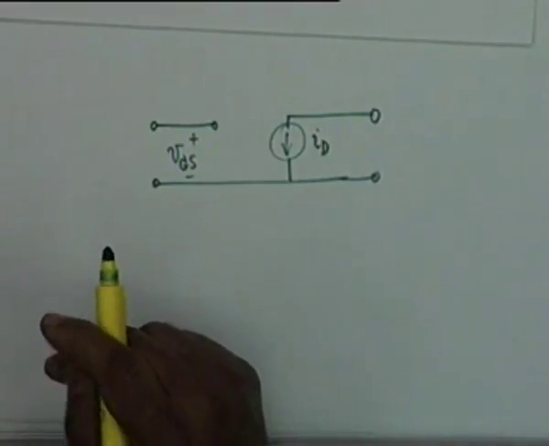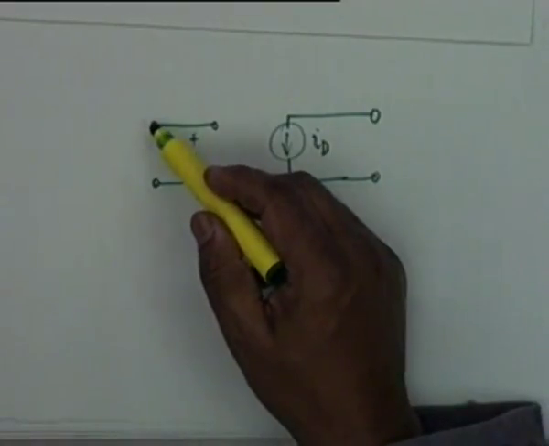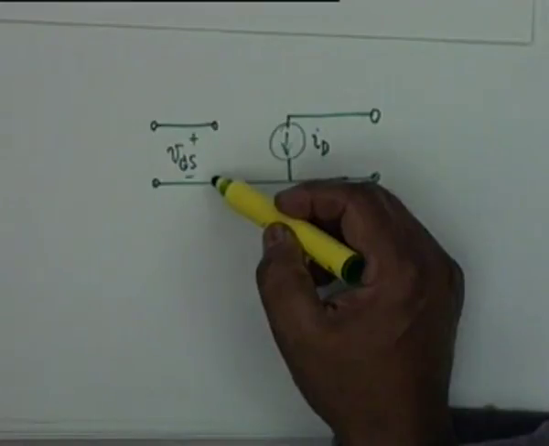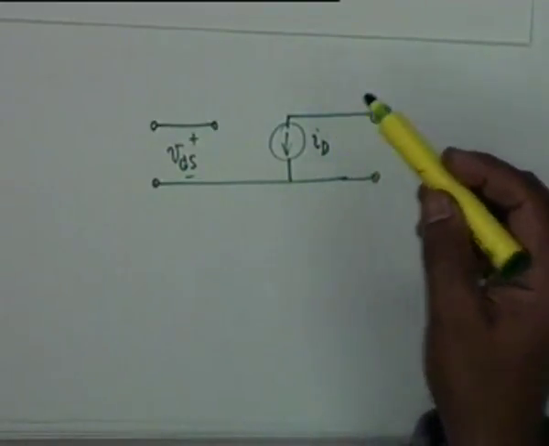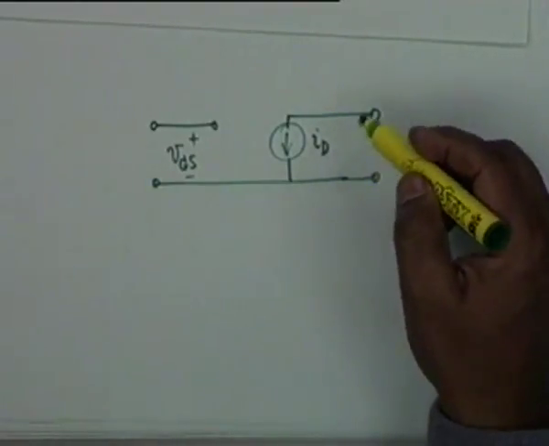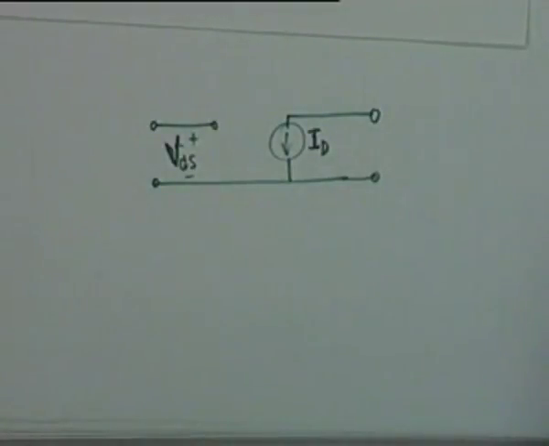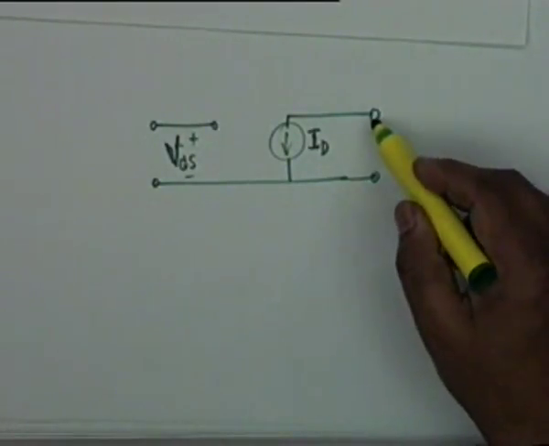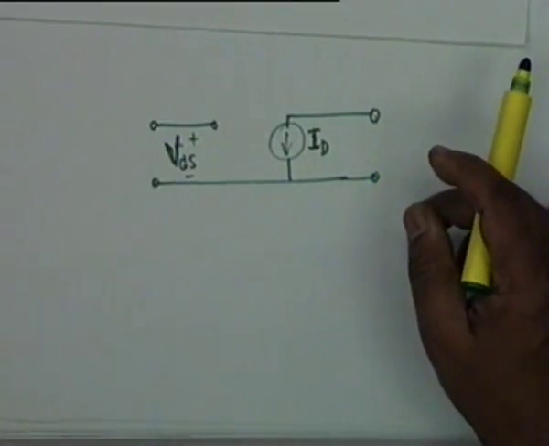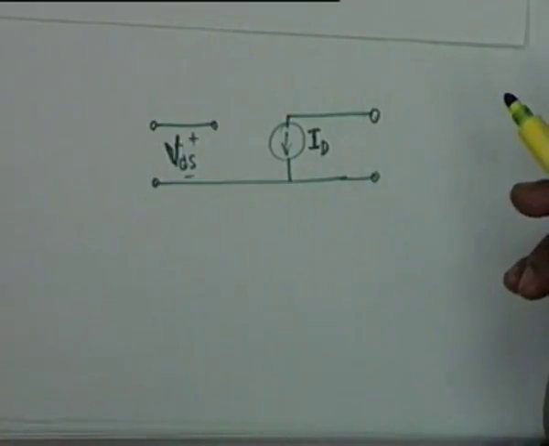As far as the DC conditions are concerned, there is a VGS applied, and because it's a reverse bias junction, no current flows, so it's an open circuit here, and in the output circuit there is simply a drain current I sub D. This is the DC model. The DC resistance here is very large, and therefore we don't show it here. This is a simple model.